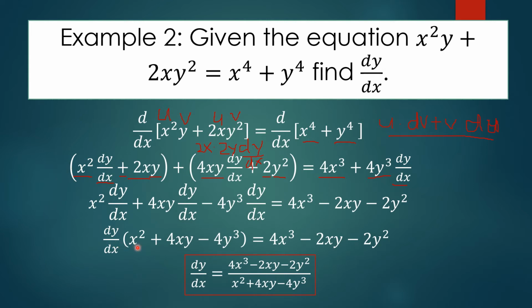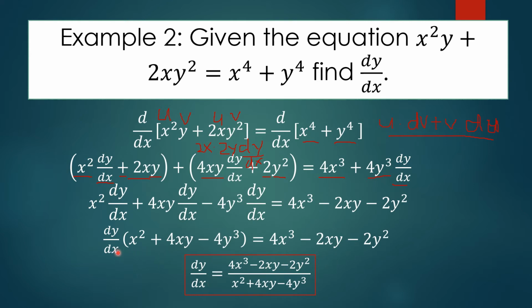The remaining is x squared. 4xy dy over dx divided by dy over dx is equal to 4xy. Next, negative 4y cubed dy over dx divided by dy over dx is equal to negative 4y cubed. Okay? Is equal to, just copy the expression on the right side. So, bring down 4x cubed minus 2xy minus 2y squared.